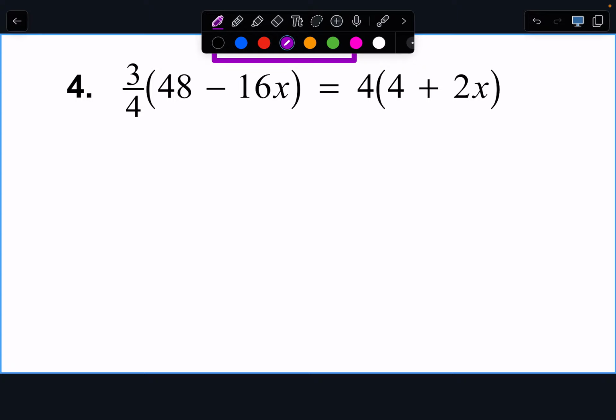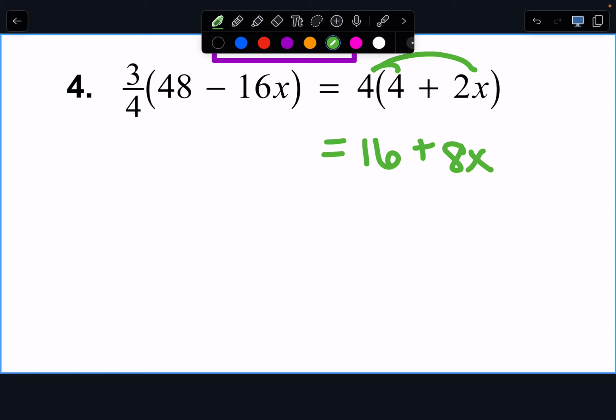Okay. Can we distribute? Okay, let's start with this side. 4 times 4. 4 times 2x. Okay. Now, let's work smarter, not harder.